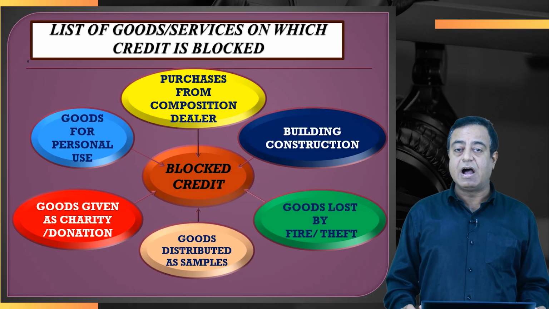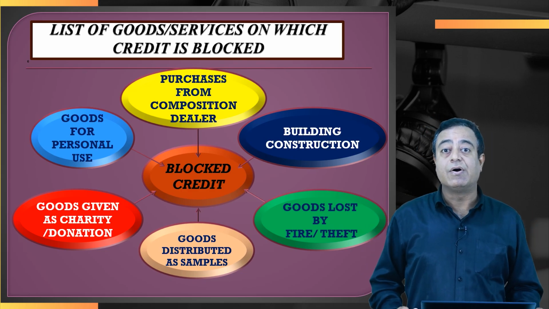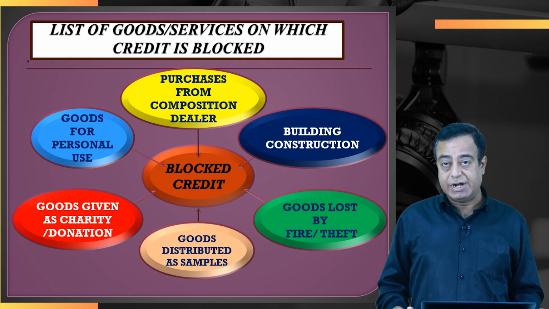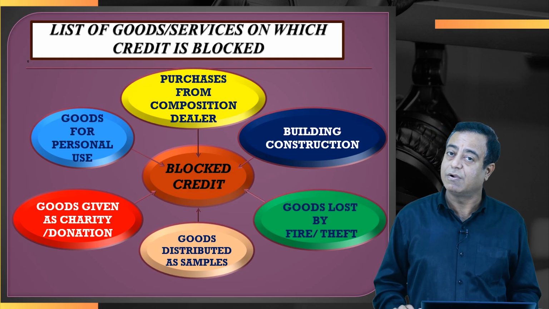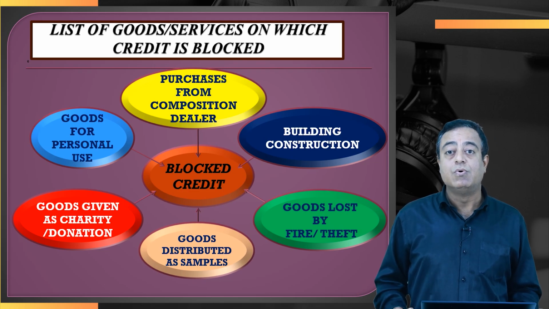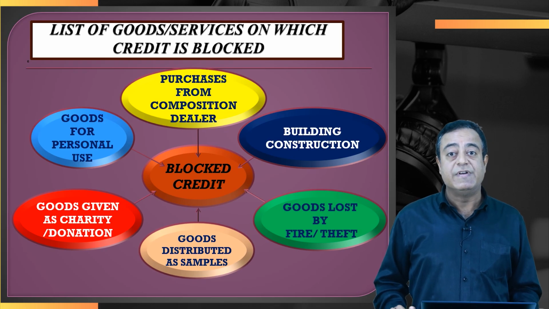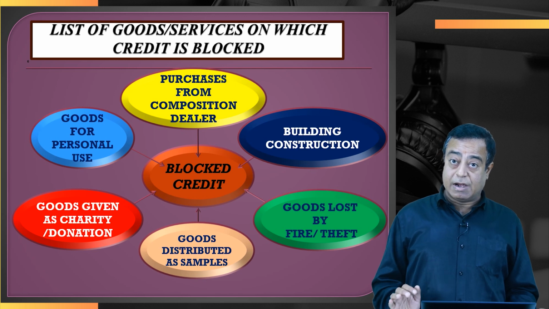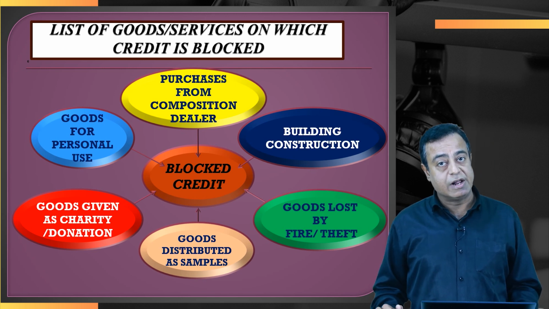Last, we have some additional transactions on which we cannot claim ITC. That is, purchase from a composition dealer. If we purchase goods or services from a composition dealer, we cannot claim ITC, because a composition dealer is not entitled to charge GST from the trader. So, no GST is paid, and we cannot claim ITC. Some transactions occur in the ordinary course of business, but we cannot claim ITC.